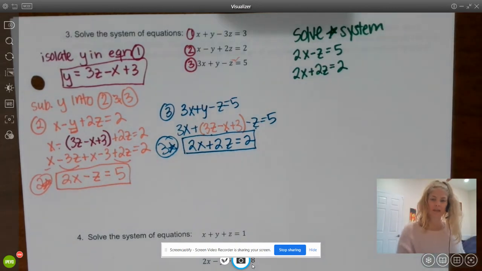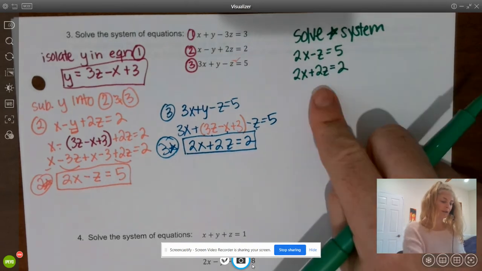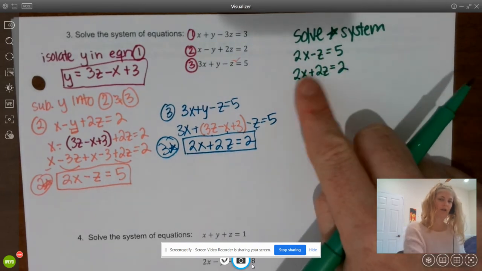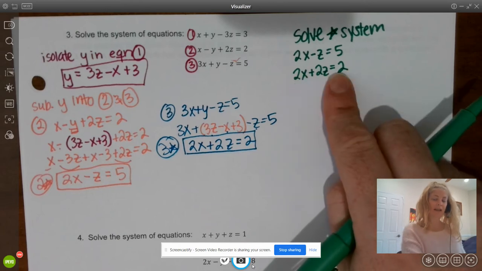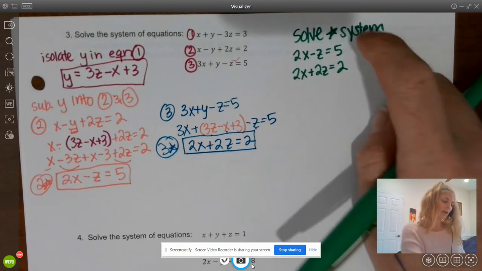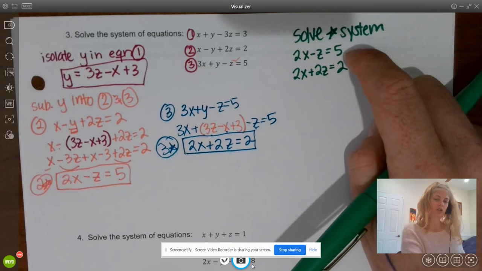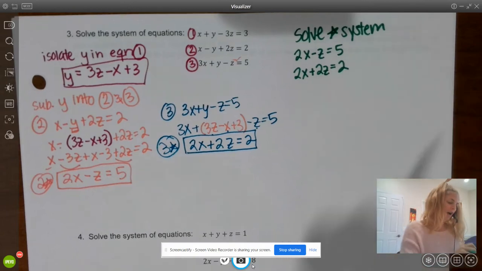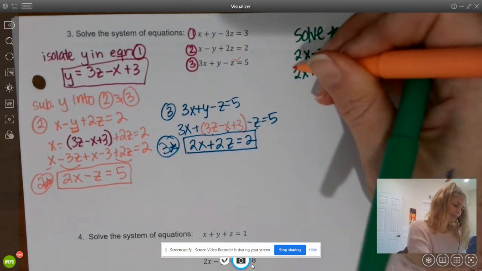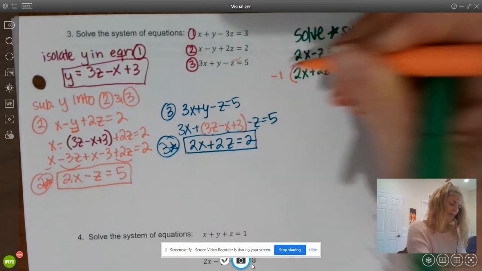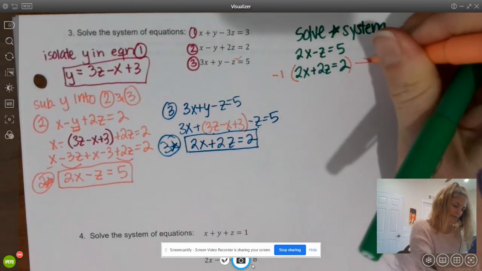If you wanted to use elimination or substitution here, doing elimination, we could subtract our system. We could multiply the second equation by -1 and add the system, or we can multiply the top equation by 2 and add the system. I'm going to decide to multiply my second equation by -1 so I can add the system.